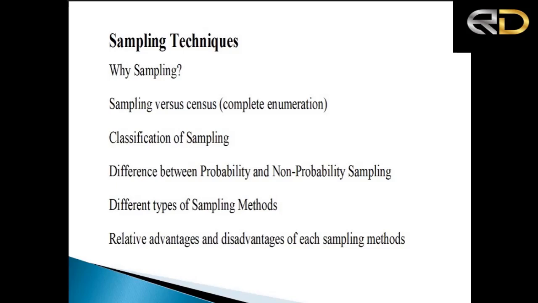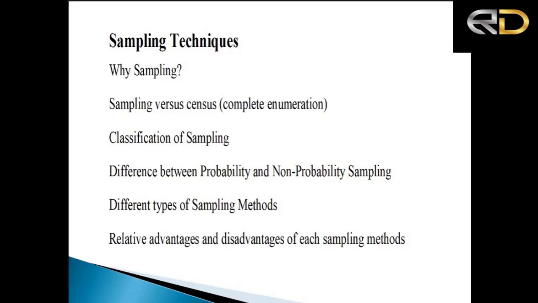For example, in diagnostic tests, we take a blood sample from the body and estimate vital parameters on the basis of this sample. We don't do a complete examination, taking the whole blood out of the body and then checking it. So here sampling is mandatory.